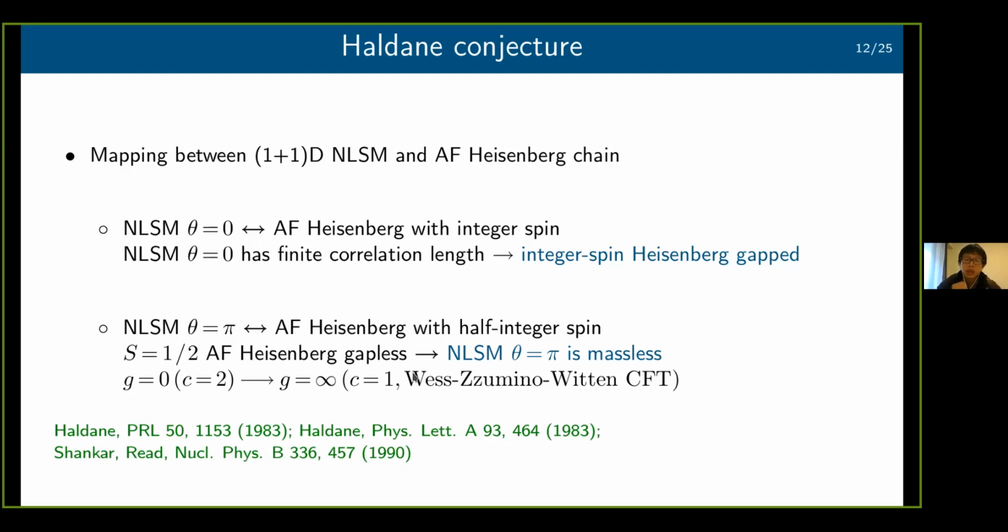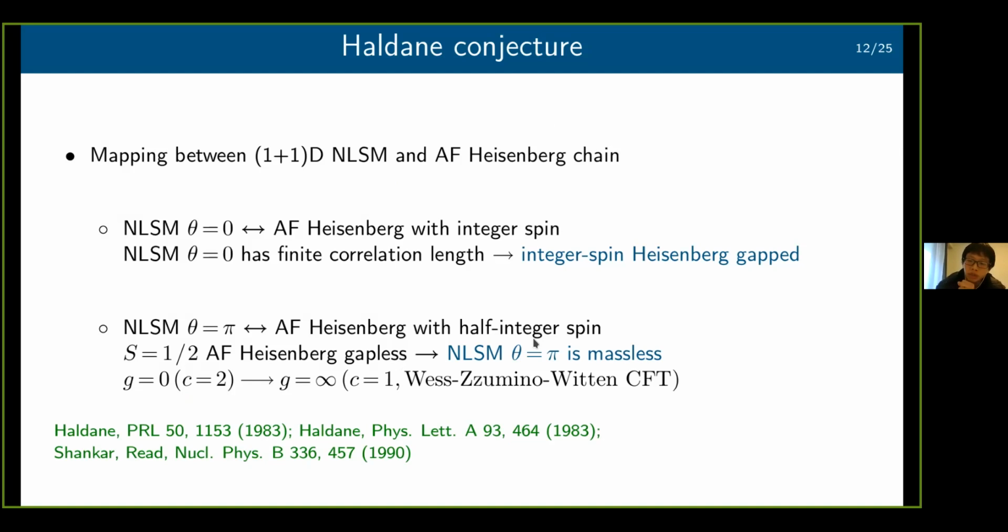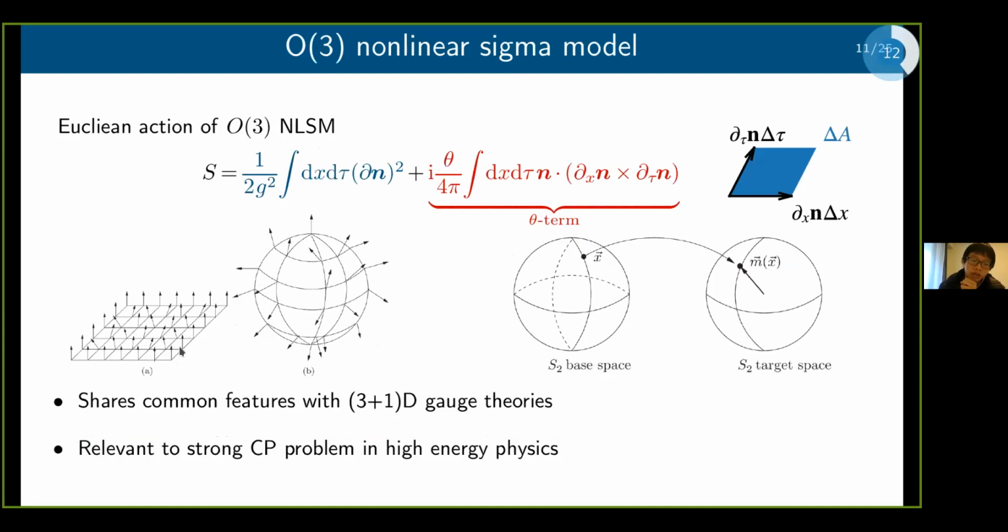And to verify these conjectures for this nonlinear sigma model with theta equal to pi, people have considered numerical simulations for this field theory model. The most straightforward way is to discretize the two-dimensional space of x and tau, and then simulate a classical system.